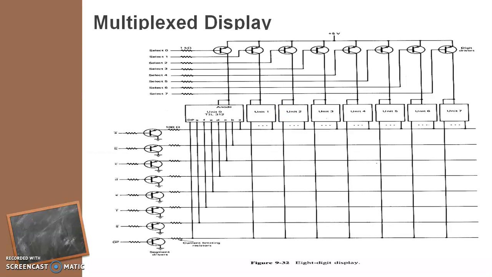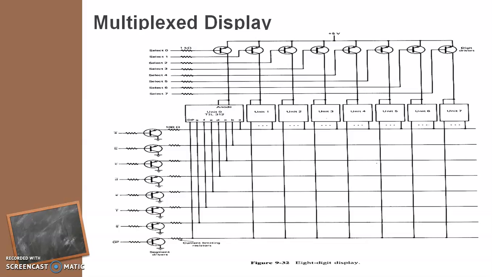So this is the multiplexed display. Like in the case of keyboard interfacing, where we go with a matrix keyboard, here we can go for a multiplexed display. Multiplexed display means that only one display is going to glow. It is selected and only that will glow for some amount of time.